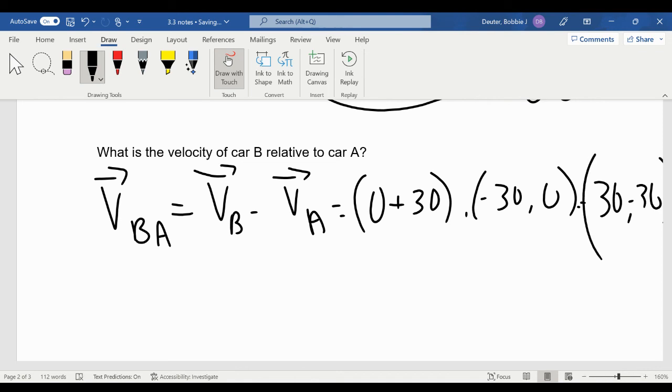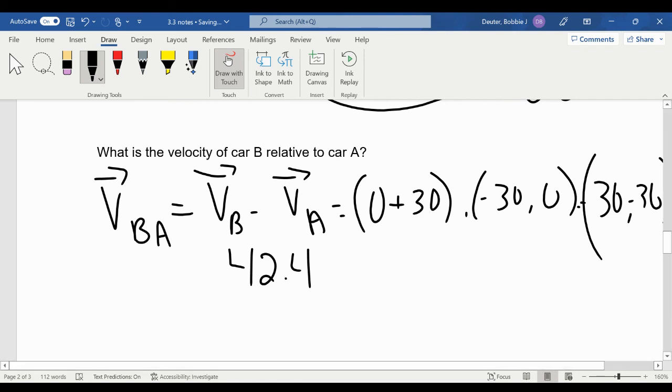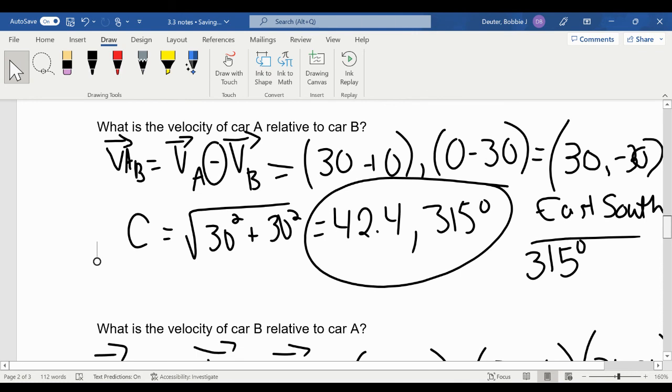Again, we're just now in a reverse direction than we were before. And so we still have the same magnitude because it's still 30 and 30. So that is our 42.4 units. That magnitude has not changed.